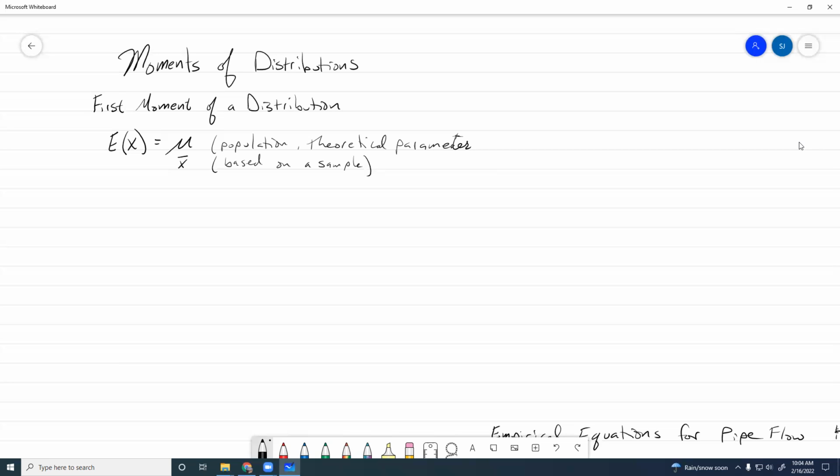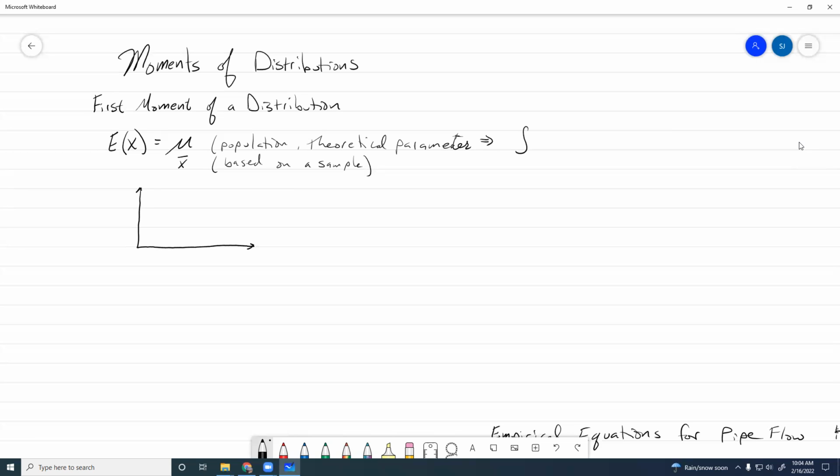And then mathematically, there's a couple ways. So if we're thinking of a theoretical distribution, then we can calculate the expected value using that fairly simple equation, which ends up being the same as identifying the location of the centroid of a distribution on an x-axis.